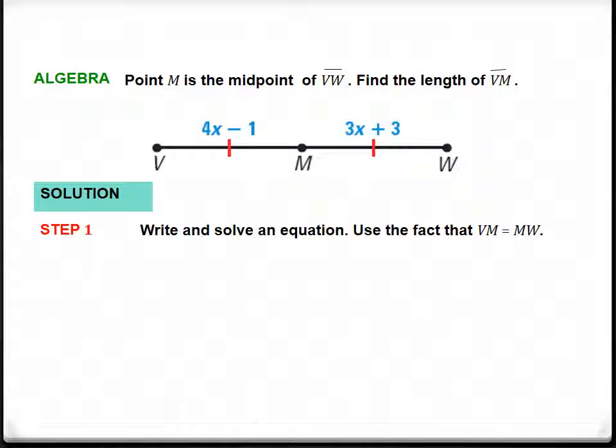Or we know VM is equal to MW. Now see if you can solve this algebraically. Substitute for VM 4x minus 1 and substitute in for MW 3x plus 3. Stop the slide if you need to work this out, or work with me. I will continue in a few minutes.